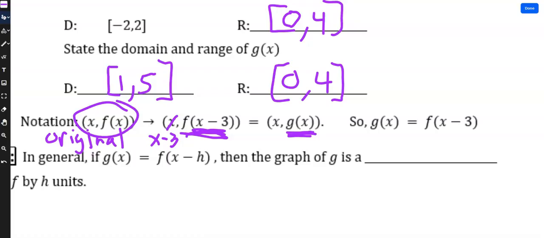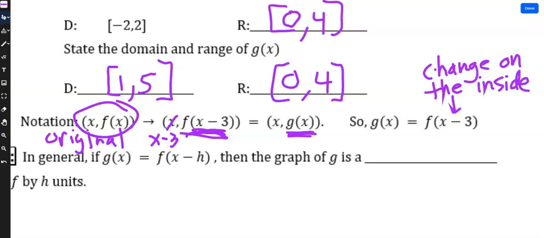And so, now, this language that you think is so strange and weird, and you're like, what the heck is going on here? Why are they doing it like this? What they want you to see is that there's a change on the inside. Now, what does that mean to you? It's horizontal. At first you're going to say to me, well, that says x minus 3, so obviously that means to the left.